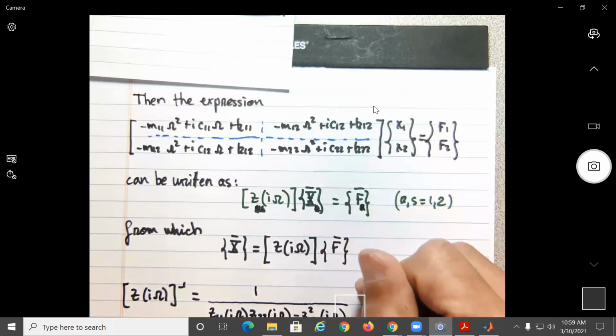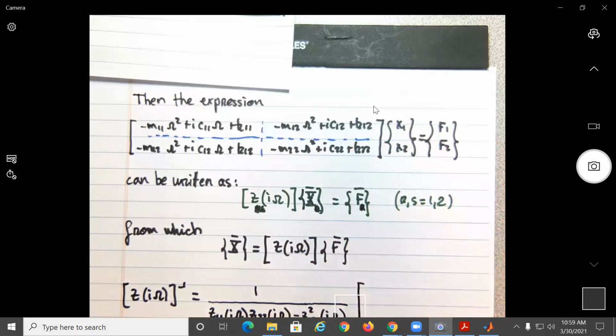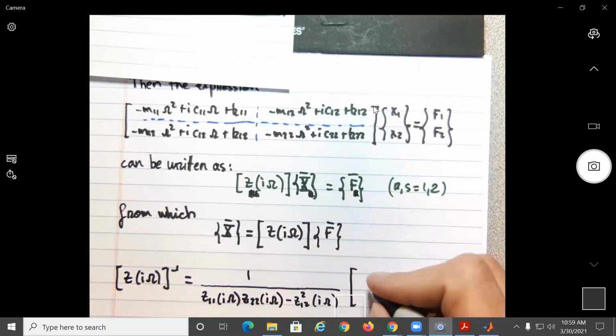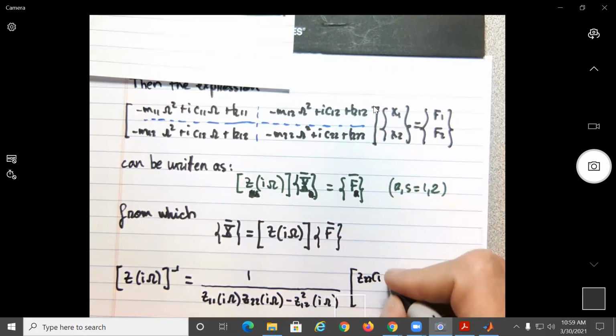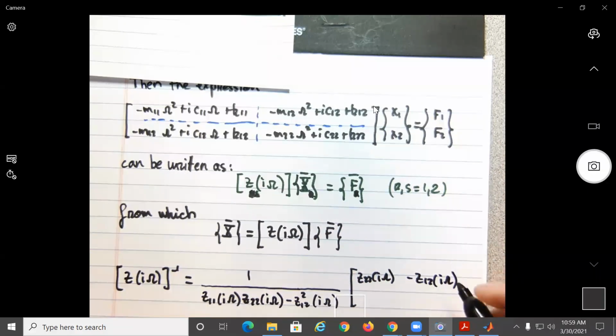And then here, generally you just flip the order and change the sign in one of them. But again, don't worry about this because you'll all be doing this with MATLAB. So you switch the sign, either on this one or this one, Z11 i omega.